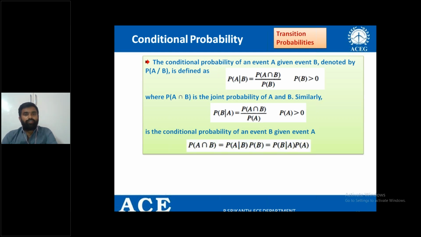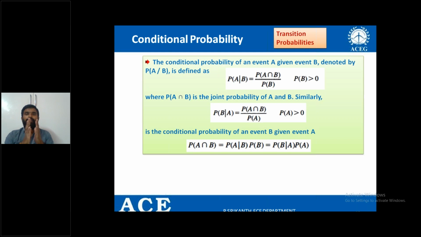So here we can also write the joint probability in terms of conditional probability by using the previous expression. That is, P of A intersection B equal to P of A given B into P of B, or we can also write P of B given A into P of A. In the sense, if any conditional probability is known, you can find the joint probability, or if you know the joint probability, you can find the conditional probability.